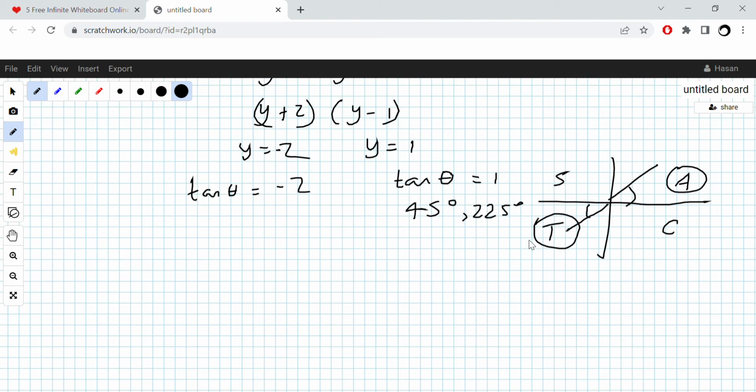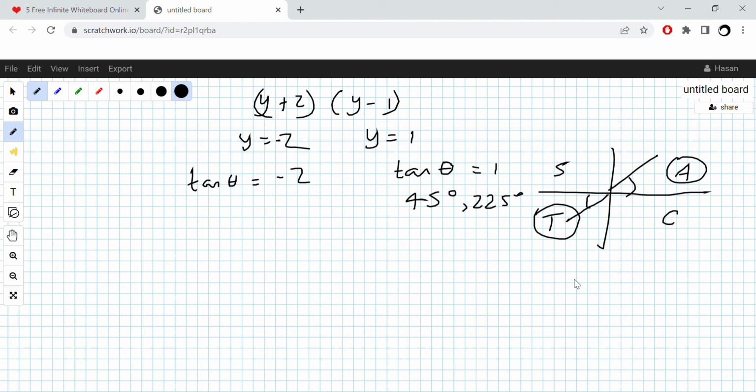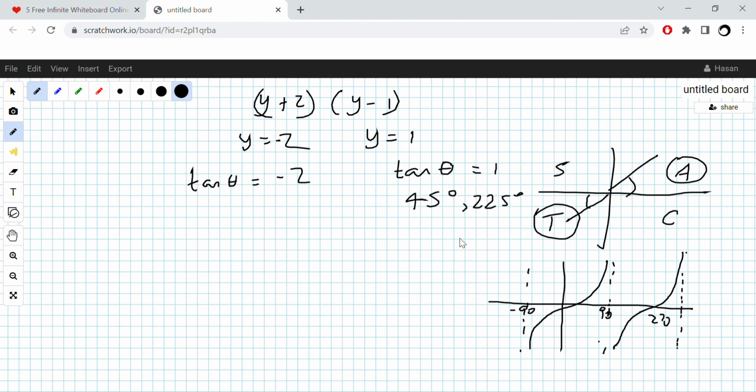Another way to find out these angles, other than the CAST diagram, is if you draw the graph out itself in its whole. So a tan graph goes from minus 90 to 90, and then it goes from 90 to 270, and then you keep going on. 45 lies over here.